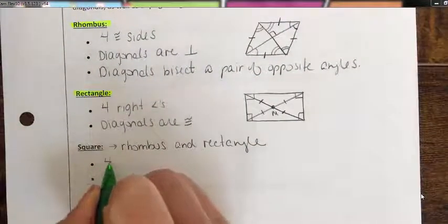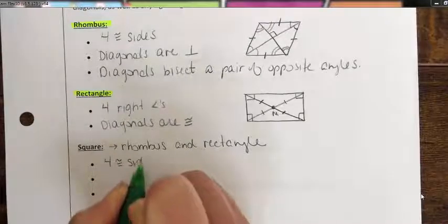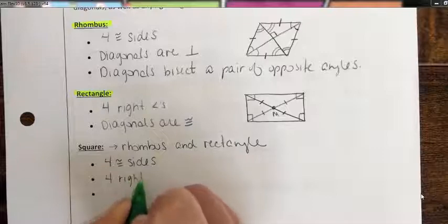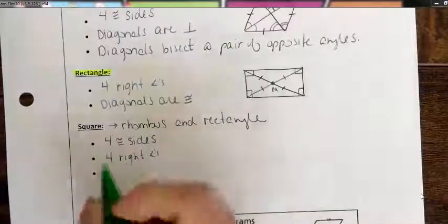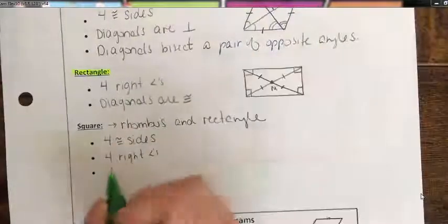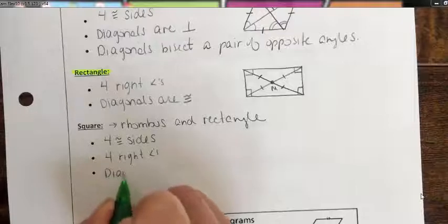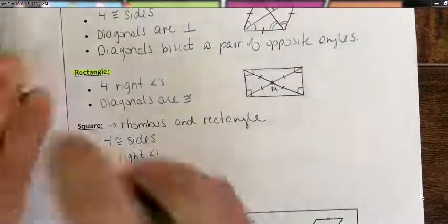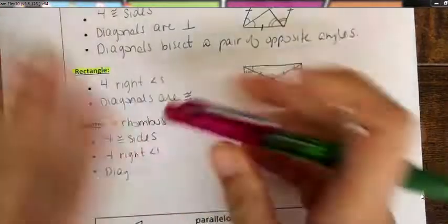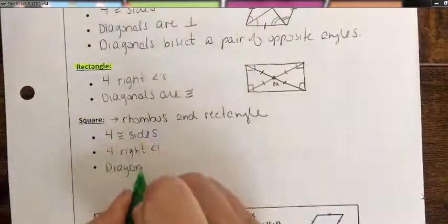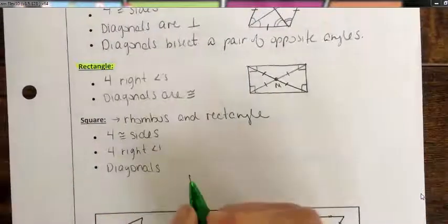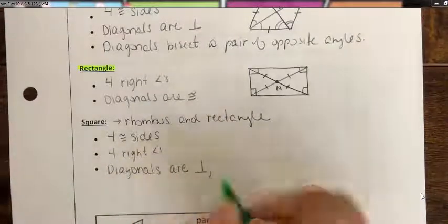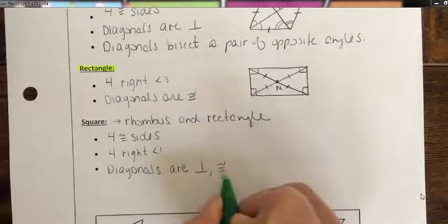So you have the 4 congruent sides. You have the 4 right angles. And then the diagonals are all of the above. So the diagonals, wait, I have to be able to spell it. Diagonals. Well, they are perpendicular. They're congruent.